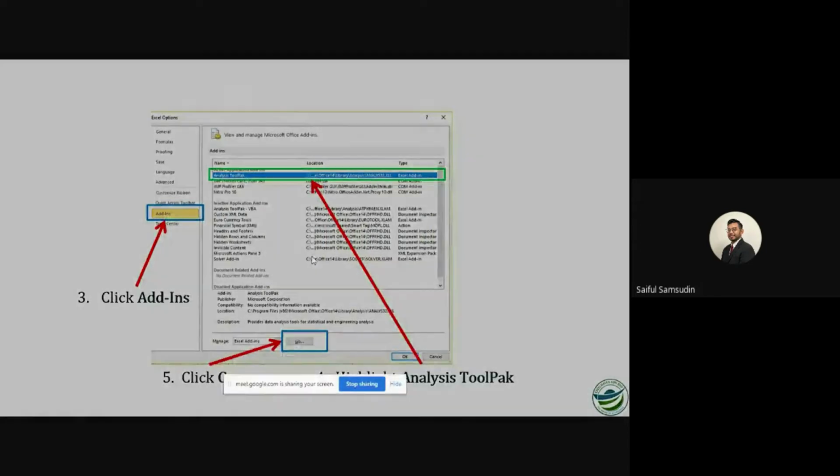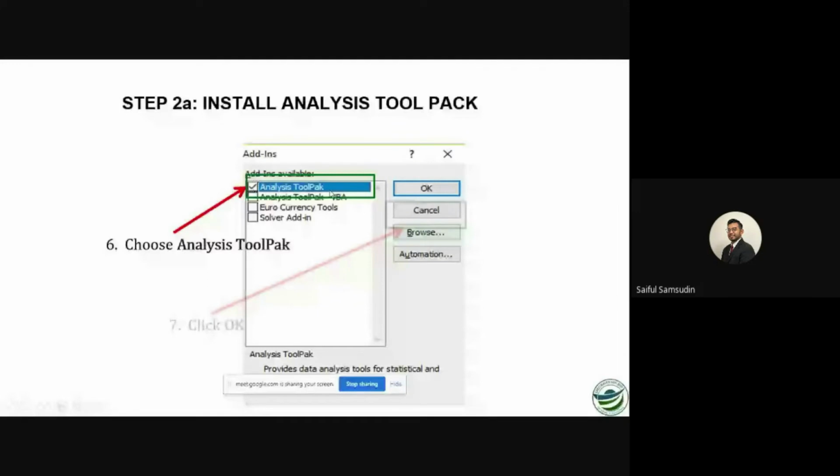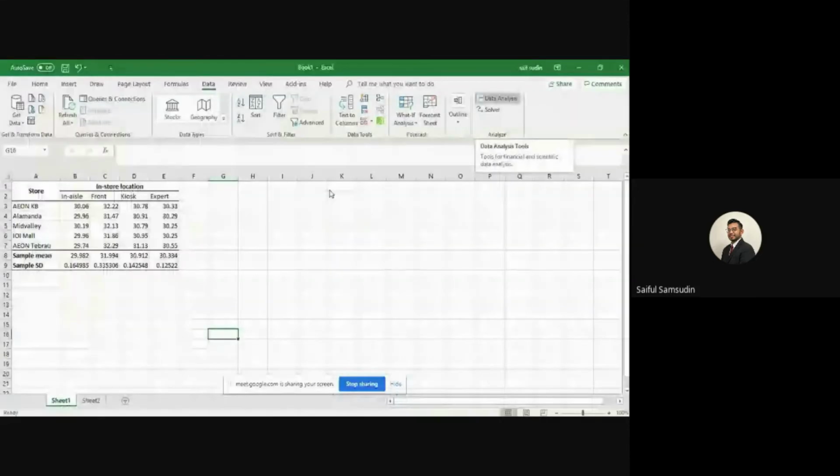Click Go, and then it shows an Add-ins box, and then you all just click Analysis ToolPak and OK. So you all have already activated the data analysis in your Excel.